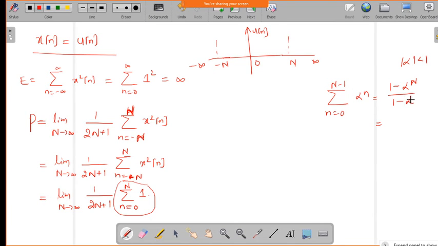But if alpha is equal to 1, this will lead to an indeterminate form. So that's why, if alpha equals 1, we write the value as n. So this is again another important expression.